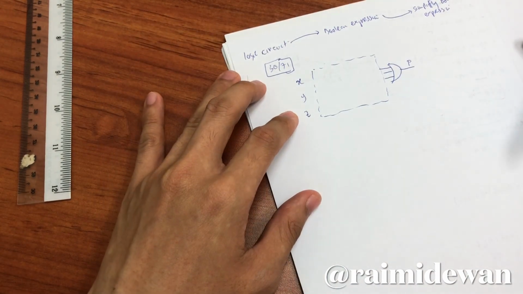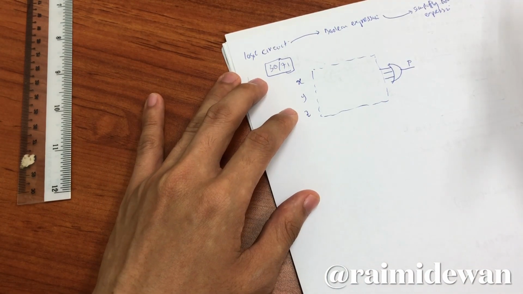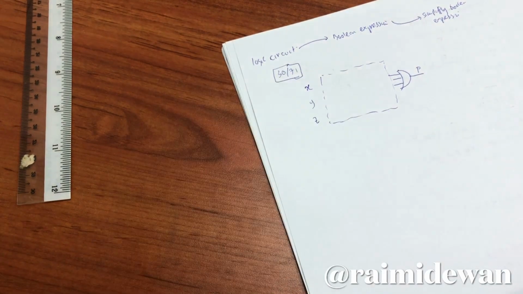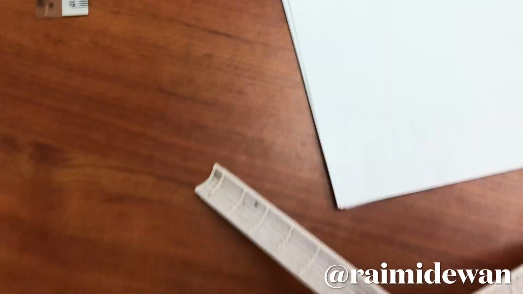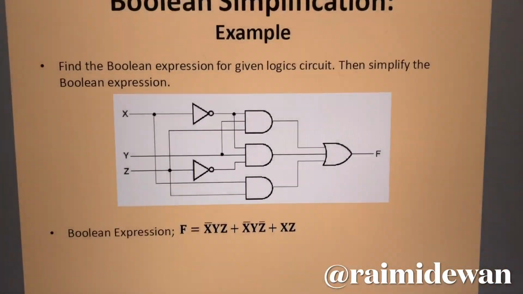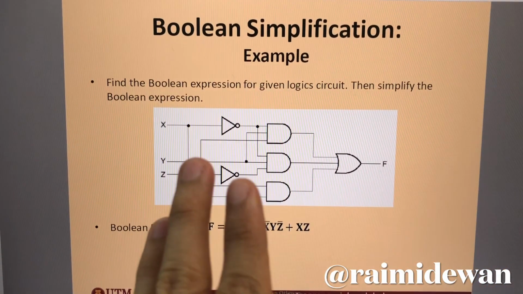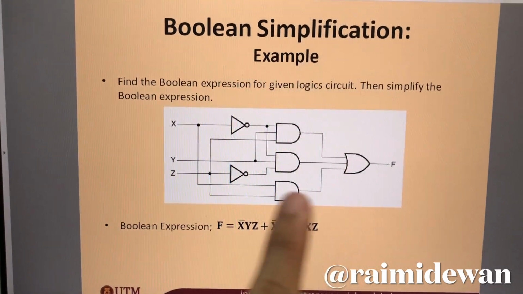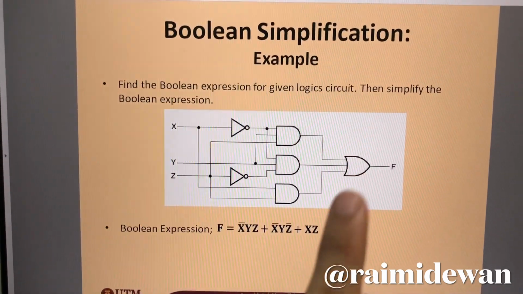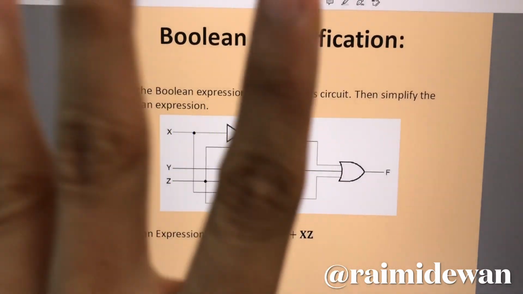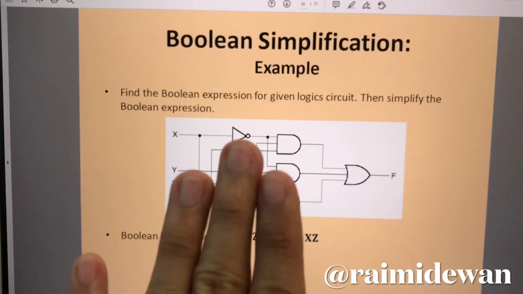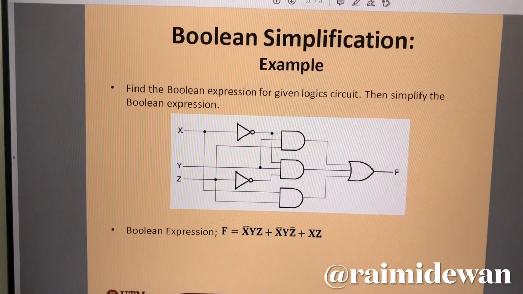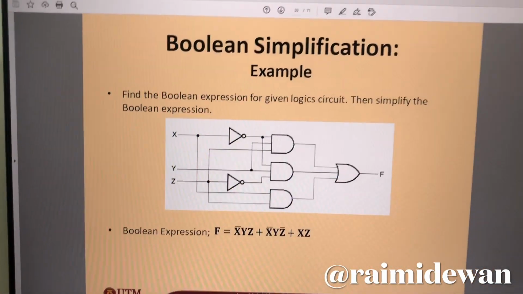So this is the logic circuit that we are trying to derive the corresponding Boolean expression for. And when we have the Boolean expression, we will simplify it.